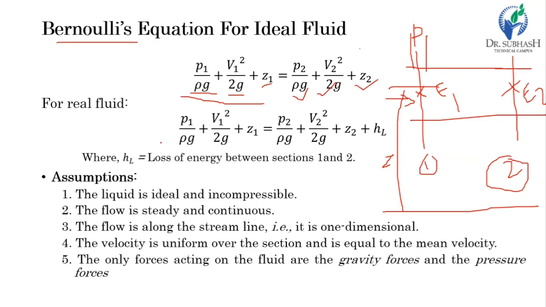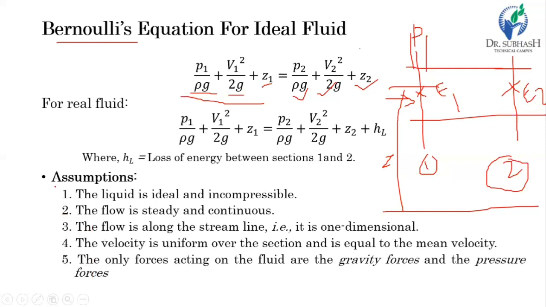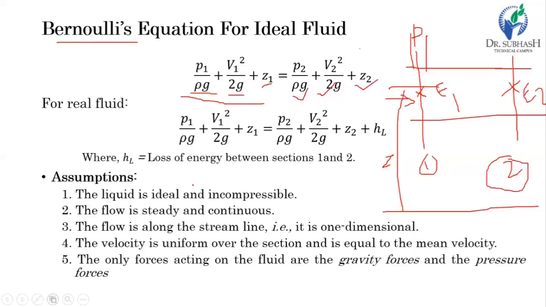So for the real fluid, we have to add some loss of energy here. Sorry friends, let me take the pen. This is nothing but HL, the energy loss between these two sections. So this is Bernoulli's equation for the real fluid.